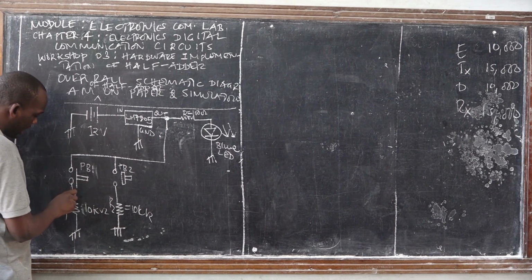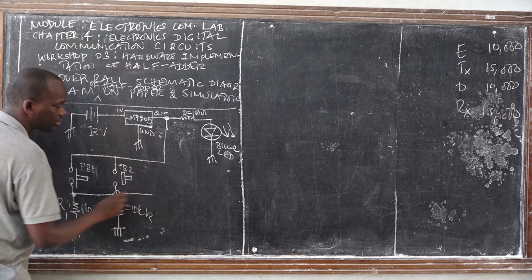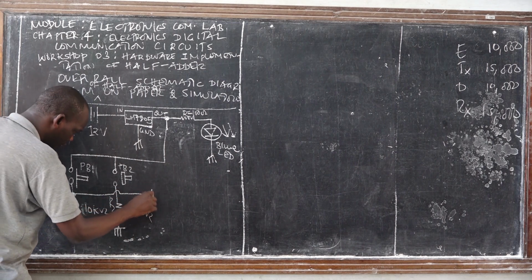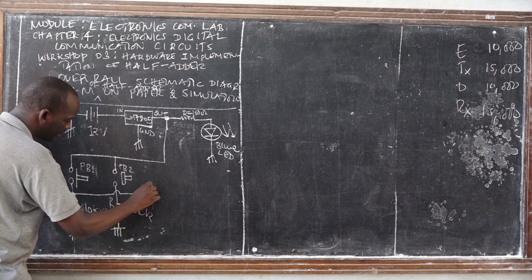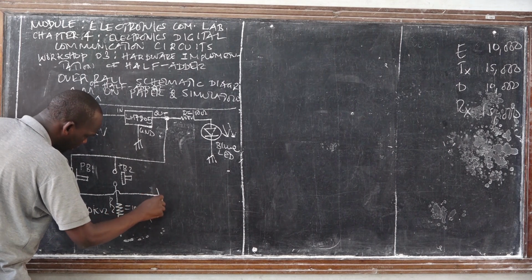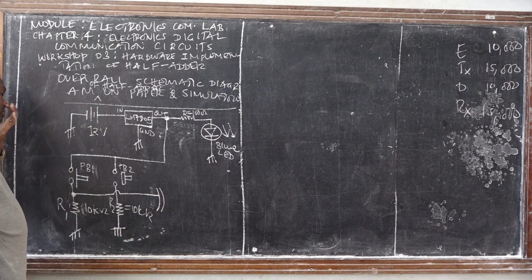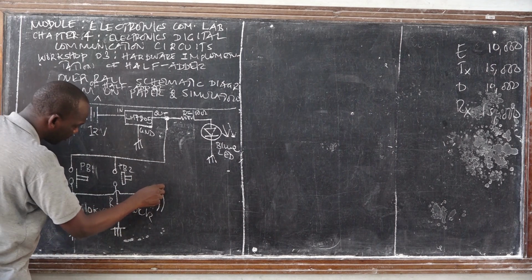And then we are going to connect or supply our input, first of all, to the sum. In the sum of the half adder, which type of gate are we going to use? Exclusive OR gate.